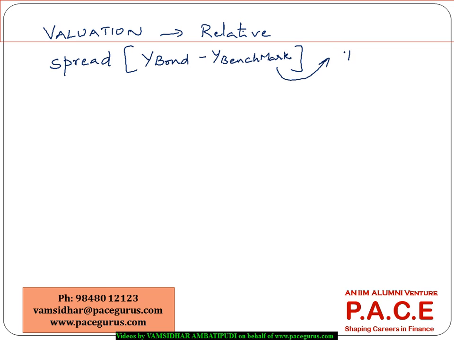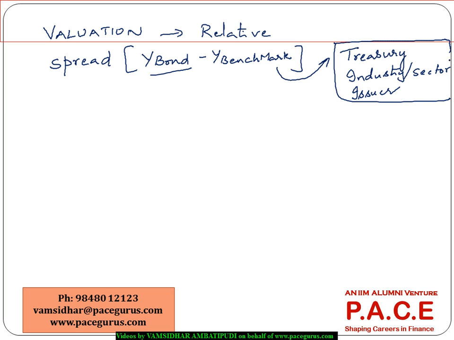Or I can directly take treasury securities with features similar to this bond, or the industry or sector average, or look at a specific issuer. All the bonds issued by company X can also be taken as a benchmark.